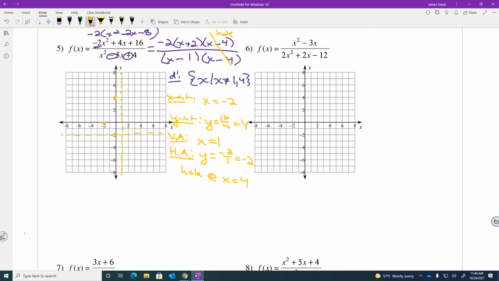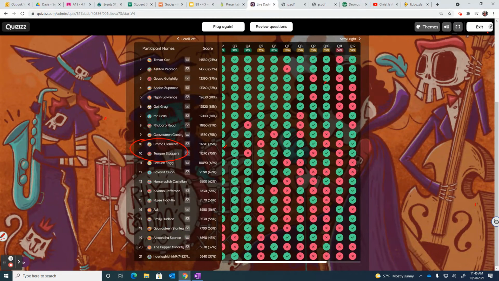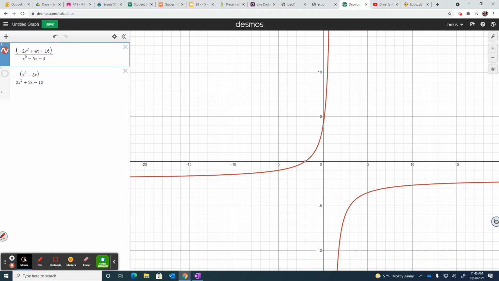And I'll go ahead and pull up the graph so you can see it. So you can see there the two points that we found. -2, 0, so that's our x-intercept, and our y-intercept, that y equals 4, 0, 4.